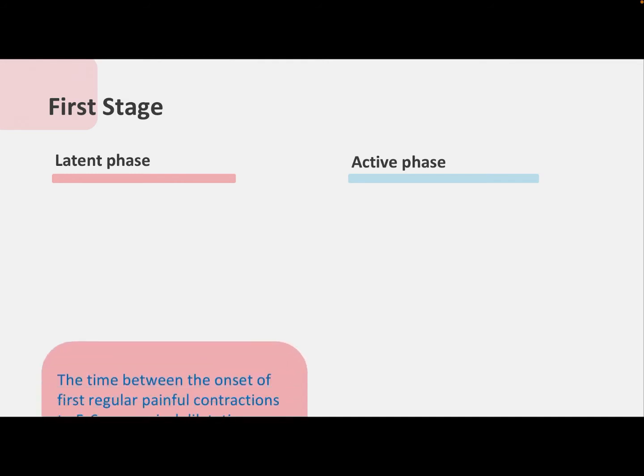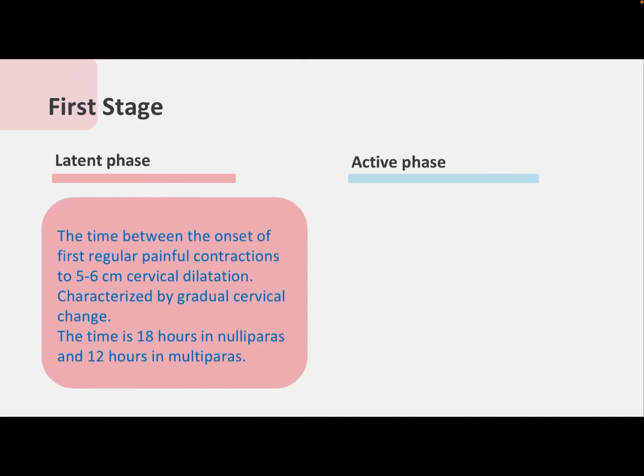Okay, in the first stage, we have 2 phases, the latent phase and the active phase. What is the difference between these 2 phases? First, the latent phase is the time between the onset of the first regular painful contraction until 5 to 6 centimeter cervical dilation.